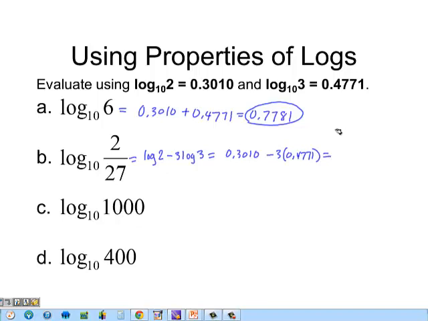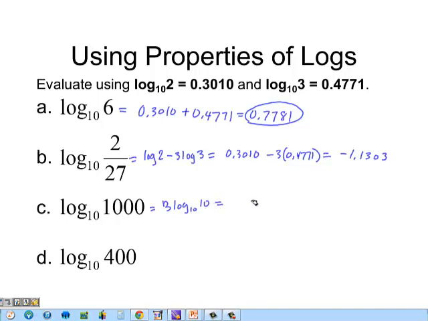And then if I use my calculator to do this, 0.3010 minus 3 times 0.4771, I get a negative 1.1303. And if you remember, this was 3 times the log base 10 of 10.